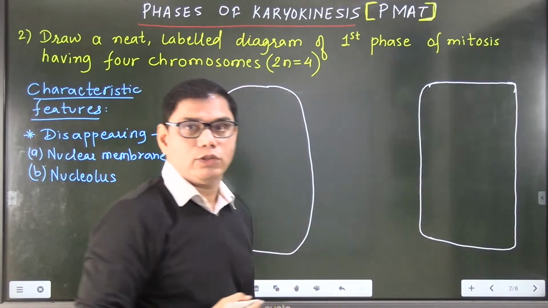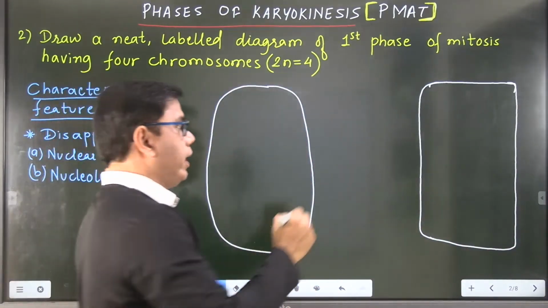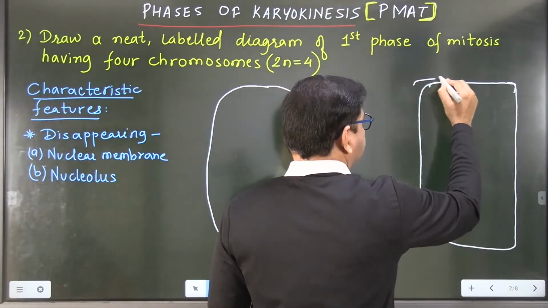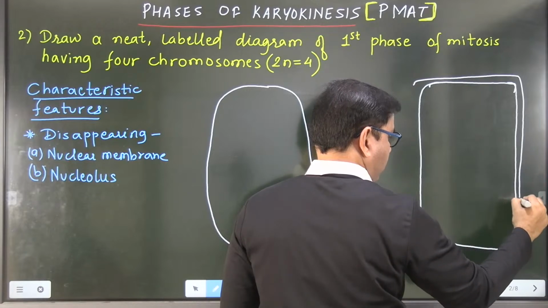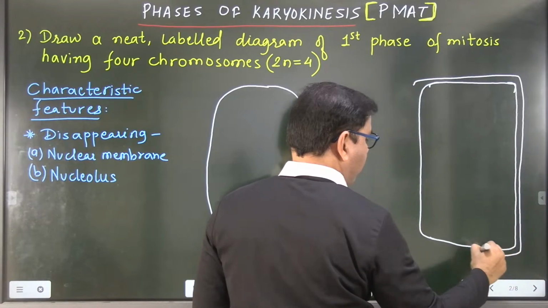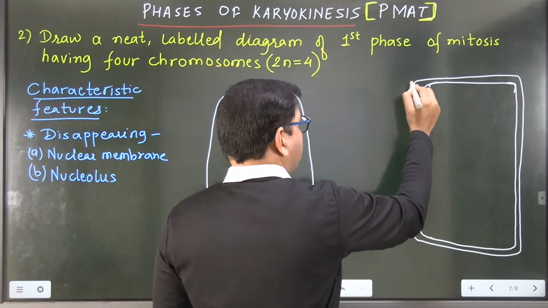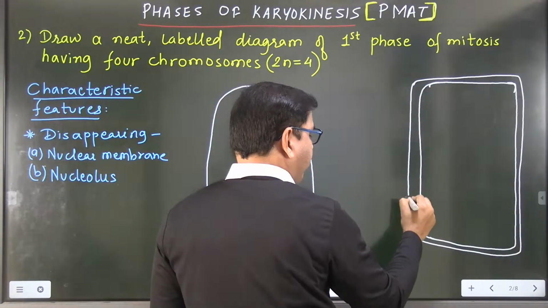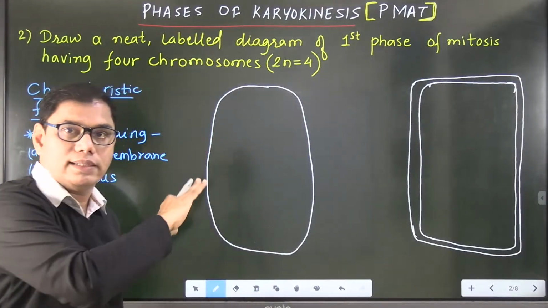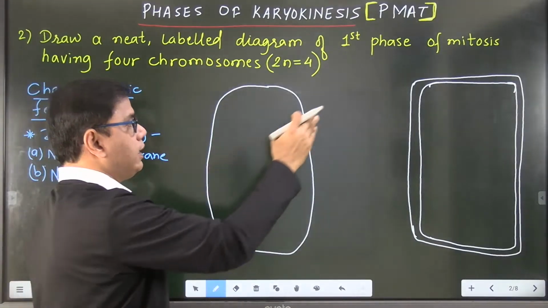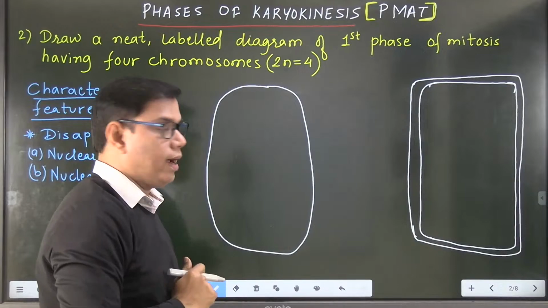Let us say this is the cell membrane, and also the cell wall. So the first difference between plant cell and animal cell: the animal cell has only a cell membrane, and the cell wall is absent. Here the cell wall is present, right?